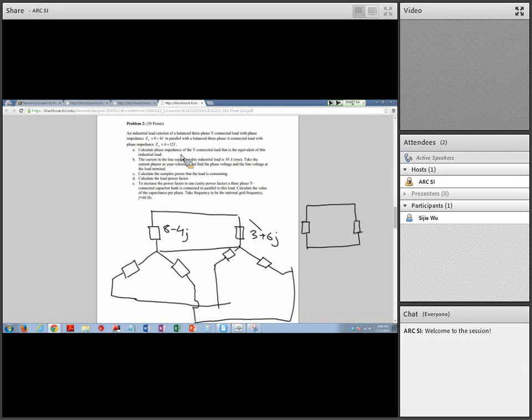Each phase is 8 minus 4j. This is 3 plus 6j. Z delta is 3 times Z Y.